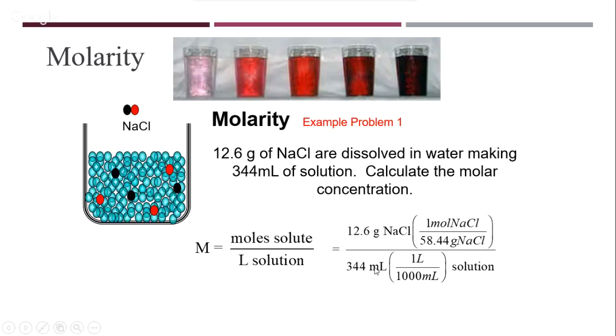And here we need to find it per liter, so 1 liter is 1000 ml. So I'm simply multiplying by 1 liter divided by 1000 ml and 1 mole divided by 58.44 grams. If you solve this, you end up getting 0.627 molar NaCl solution. So this is a quick way to find molarity when your weight and the volume of solution are given.